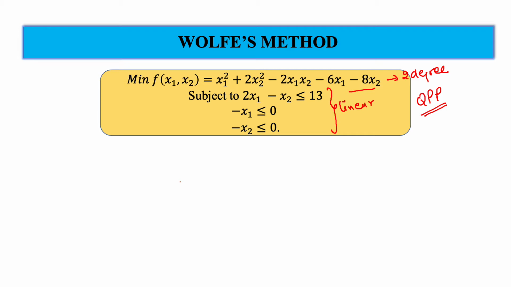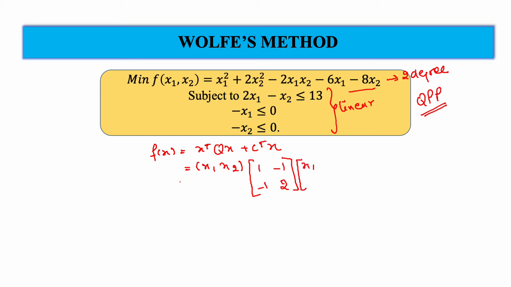We can write the quadratic programming objective as X transpose QX plus C transpose X. So X transpose is (x1, x2), and the Q matrix is [1, -1; -1, 2].